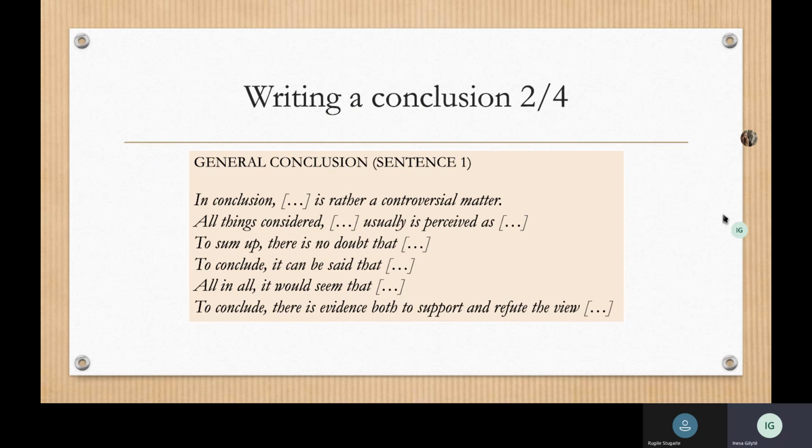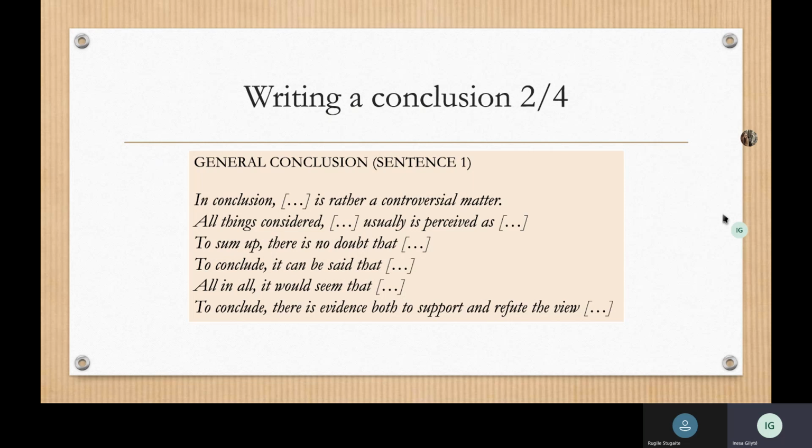In conclusion, some kind of topic is rather a controversial matter. Then, all things considered, this topic is usually perceived as something controversial, multidimensional, and so on. So you just use the first sentence to indicate the division between people, between views, or between the advantages and disadvantages of the matter.